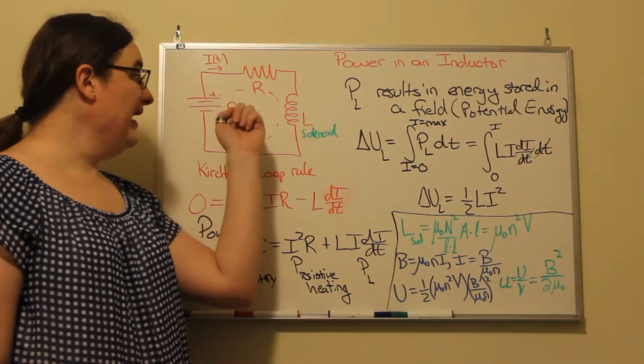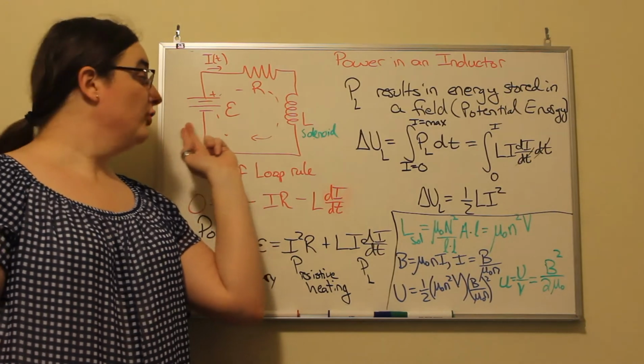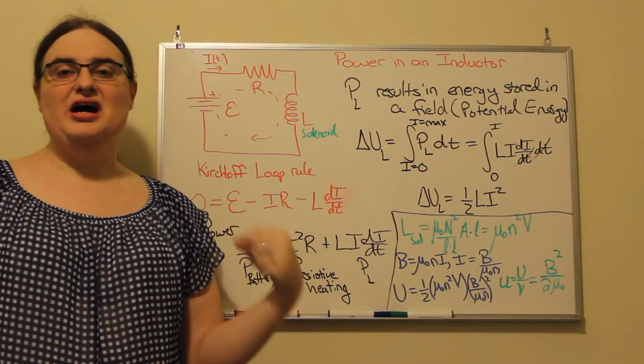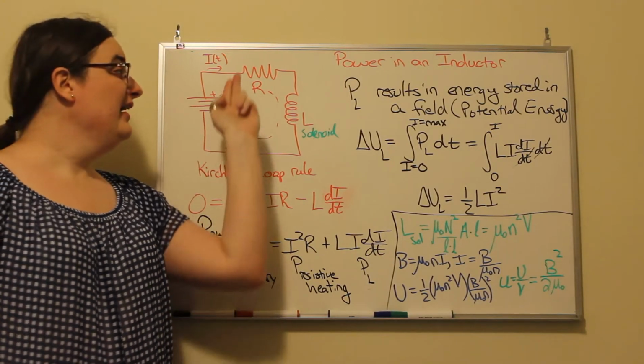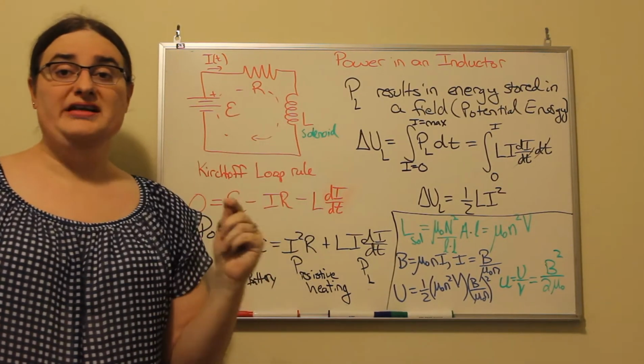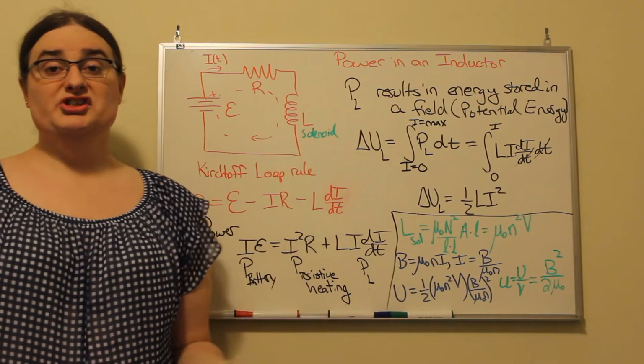Now, the power for a battery is the EMF times the current. But the power being delivered by the battery has to be going to two places. One, there's the resistor.